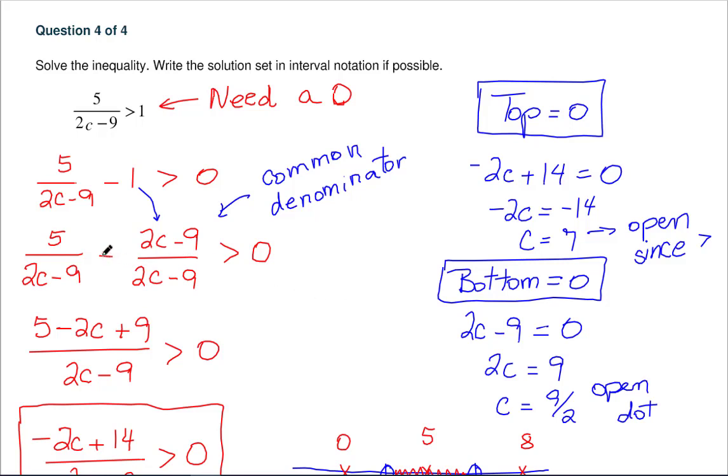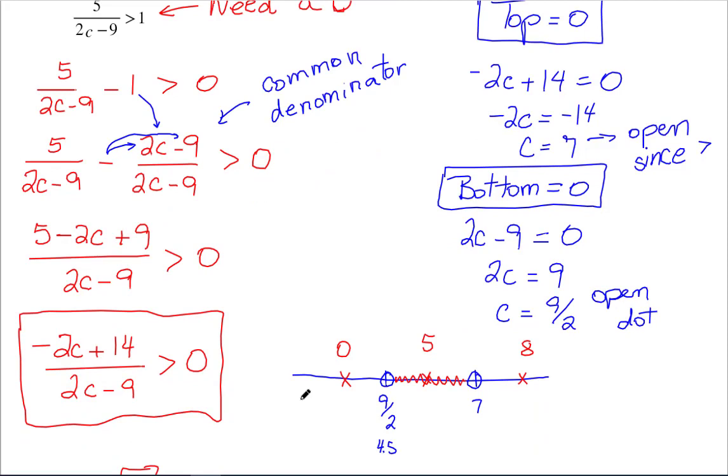All right, the minus gets distributed to both the 2c and the minus 9 over the common denominator. And so I end up getting minus 2c plus 14 over 2c minus 9.